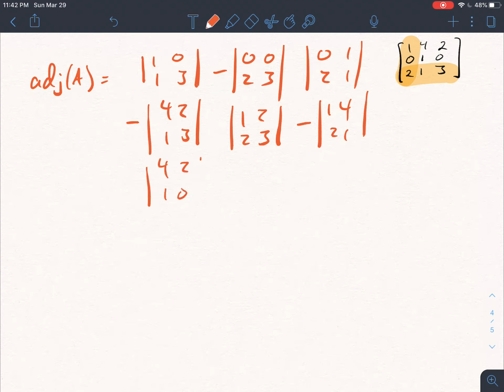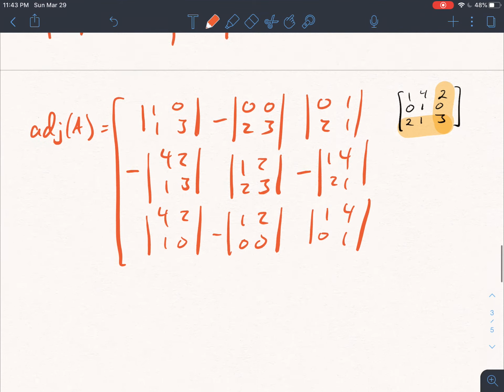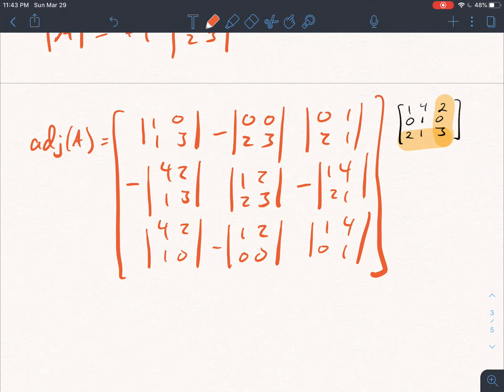Delete row 1, column 3. I get 4, 2, 1, 0. And then 1, 2, 0, 0. This one should be negative. And the last one will be positive: 1, 4, 0, 1.